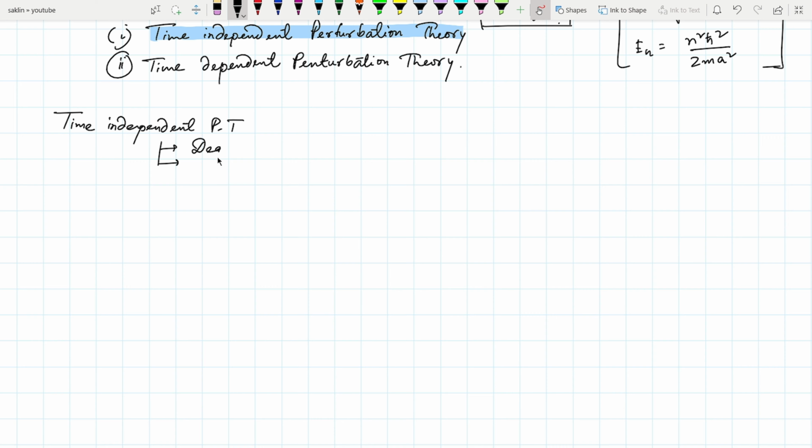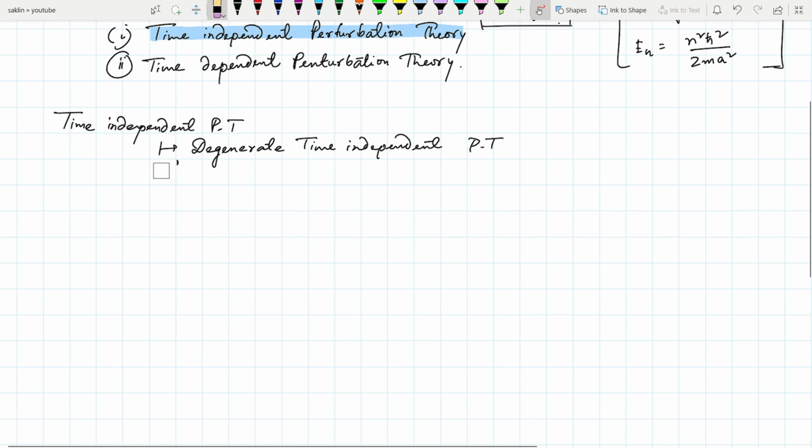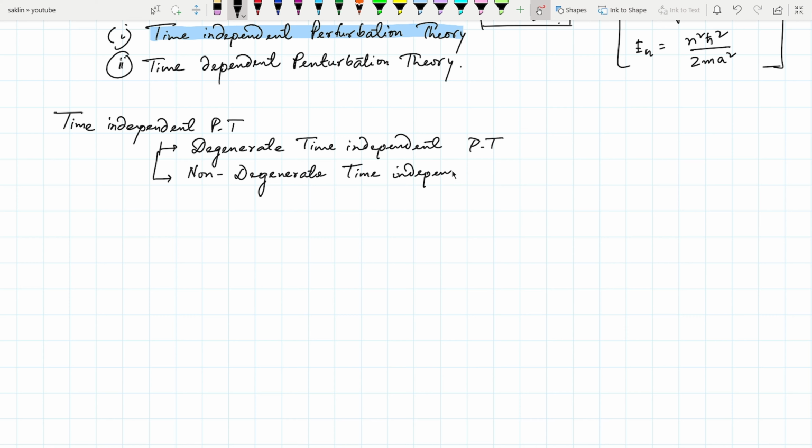One is degenerate time independent perturbation theory, and second is non-degenerate time independent perturbation theory.